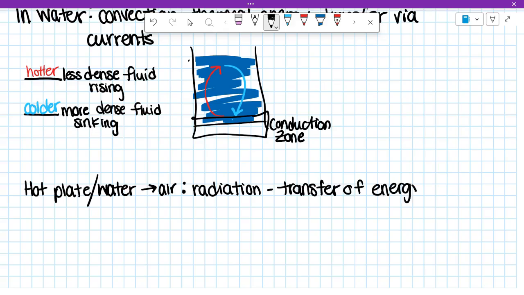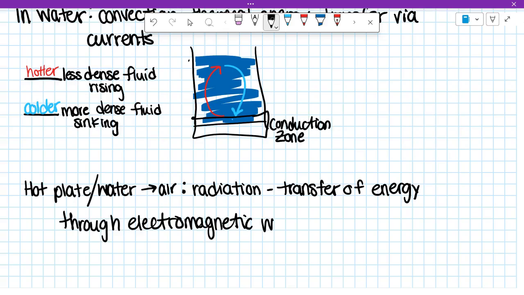Now, what's really cool about radiation is we can transfer thermal energy, but we can also transfer different kinds of energy as well, right? It's called electromagnetic energy, right? So it's just transfer of energy through electromagnetic waves. And these are caused by vibrating particles.